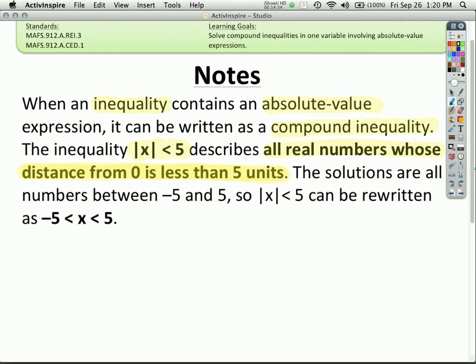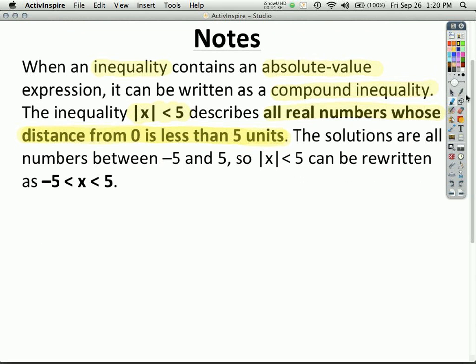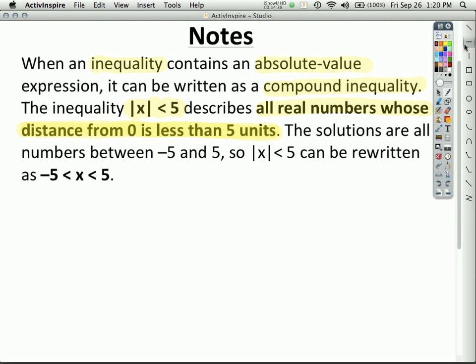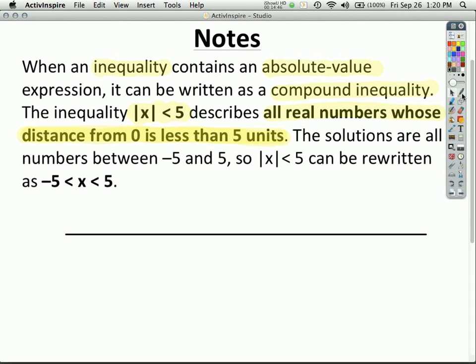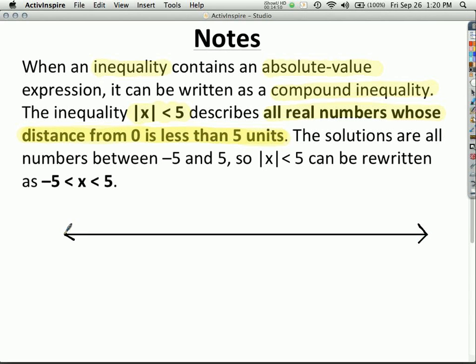We spent quite a bit of time last time we were together graphing. And so if we draw a graph, and I put a 0 right here. And we'll just say 1, 2, 3, 4.